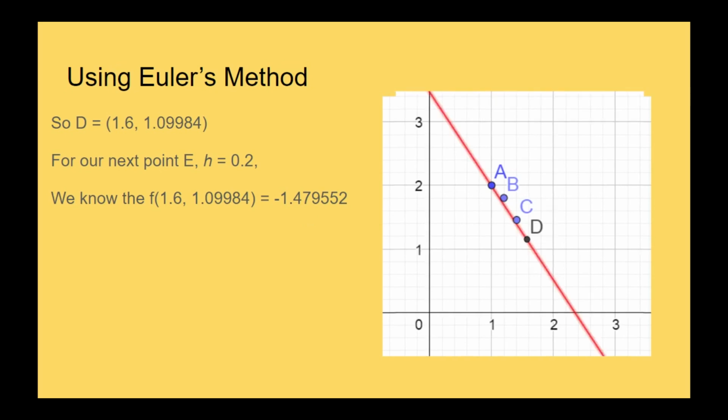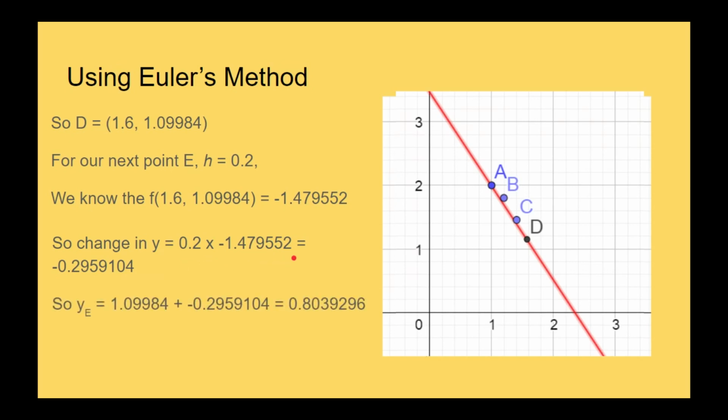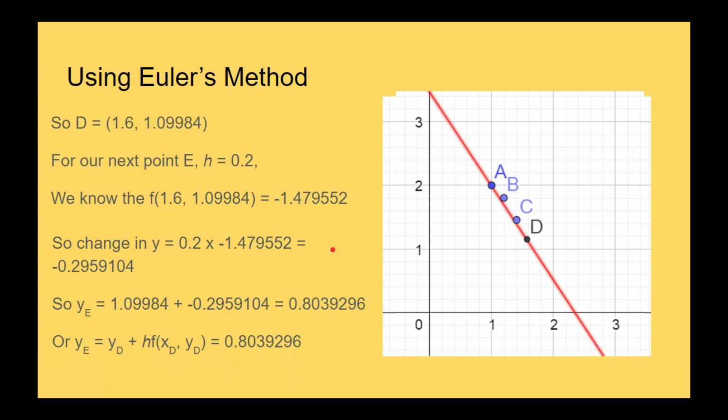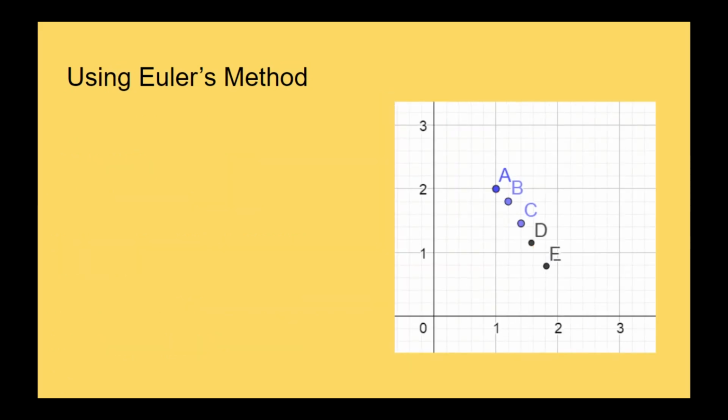We can use our gradient to work out our new y value, or work out the horizontal change, vertical change is step length times the gradient. And so our new y value is our previous y value plus step length times the gradient at that point. And so we've got our new point E. One more to go, one more step.